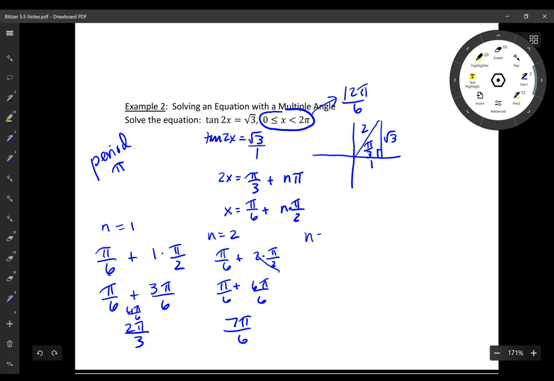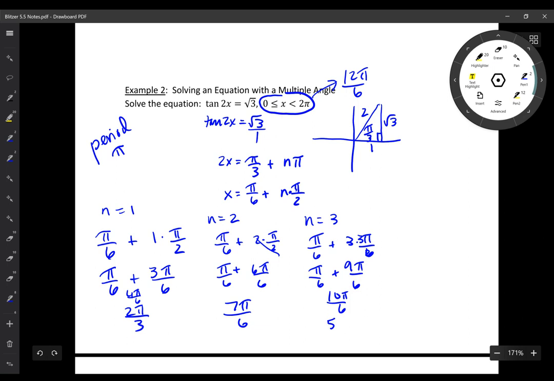So now I want to look at n equals 3. So I'll have pi over 6 plus 3 times pi over 2. So let's see, pi over 6 plus, if this is 3 pi over 6, that would be 9 pi over 6. So I get 10 pi over 6, which is 5 pi over 3.